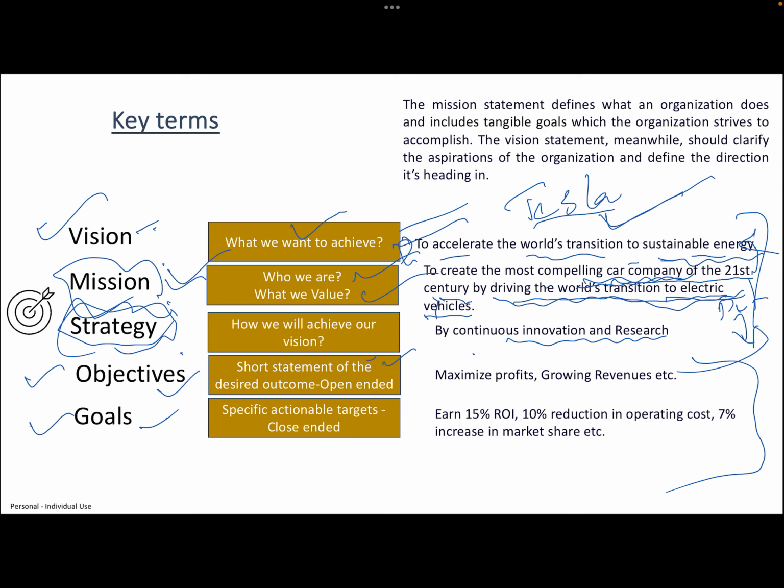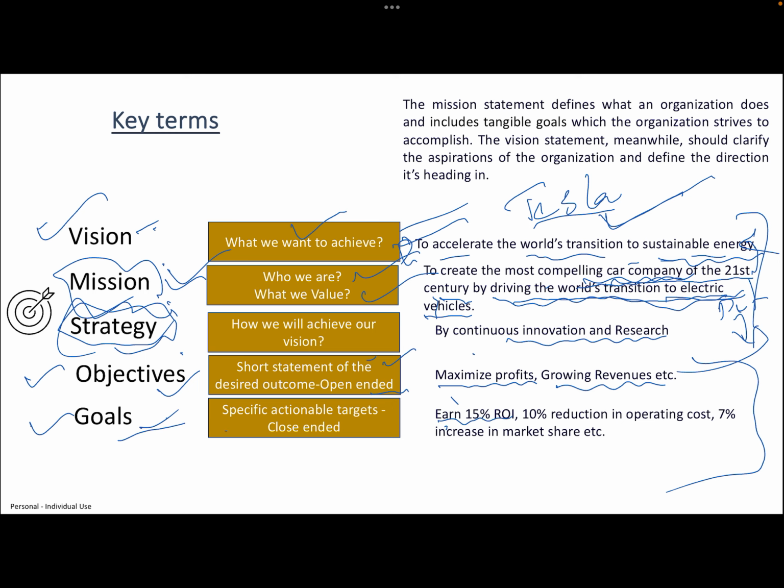Objectives are a short-term statement, desired outcome, and open-ended. So what does it mean? Objectives are like maximize profit. It's a general open-ended statement. Growth in revenue. We want to increase revenue. These are our objectives. But if you say these things in specific terms or targets, then it is called goals.